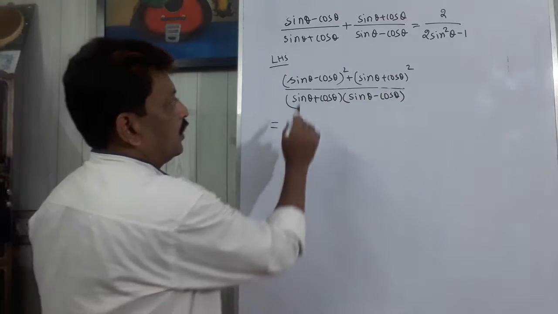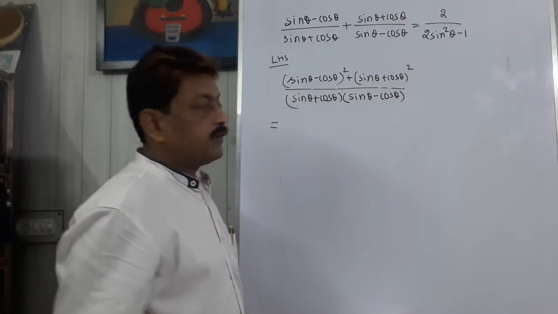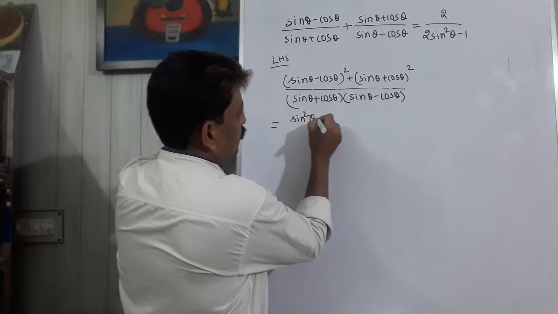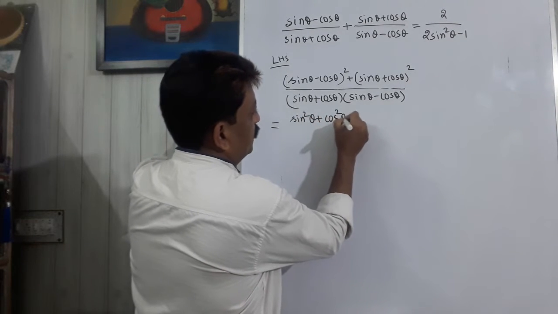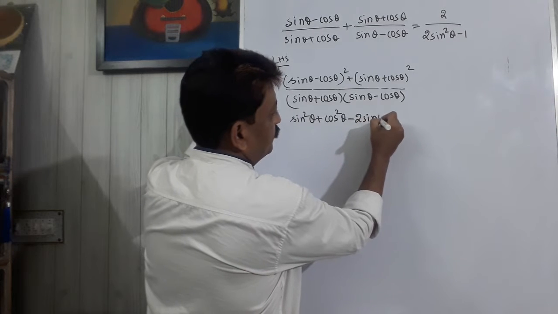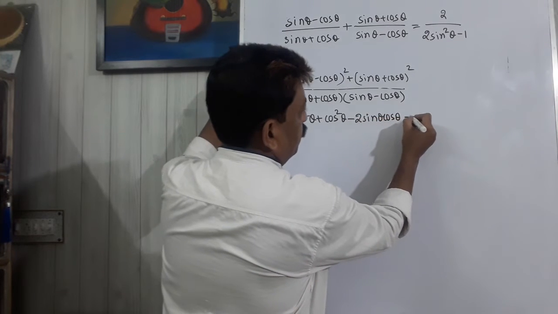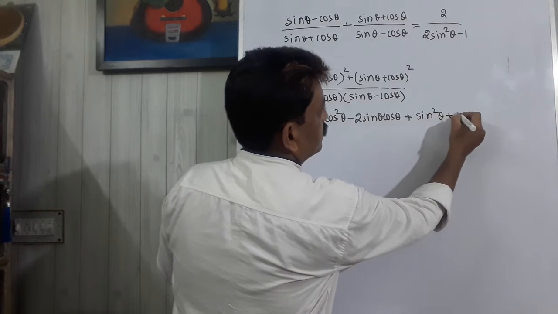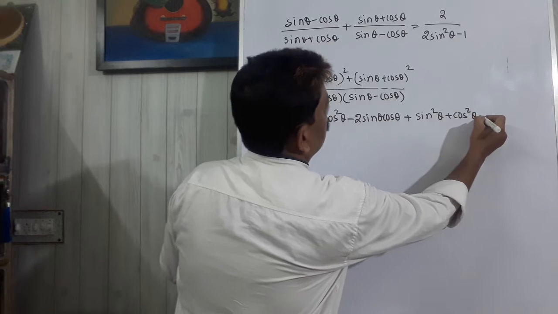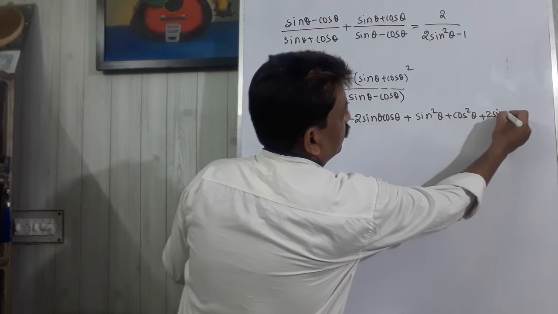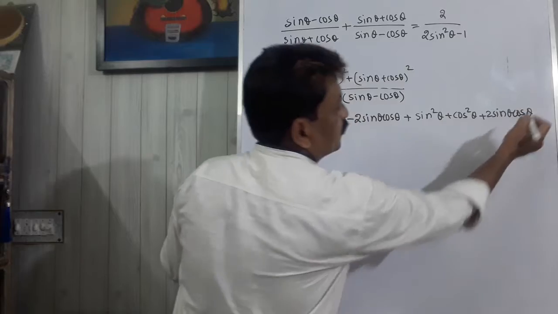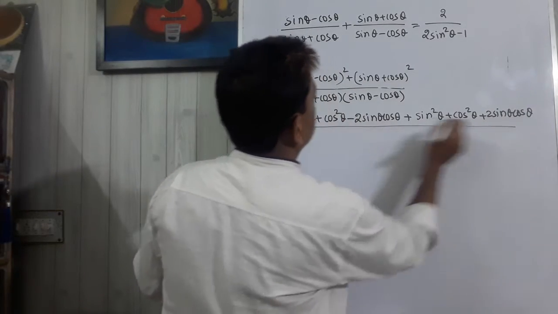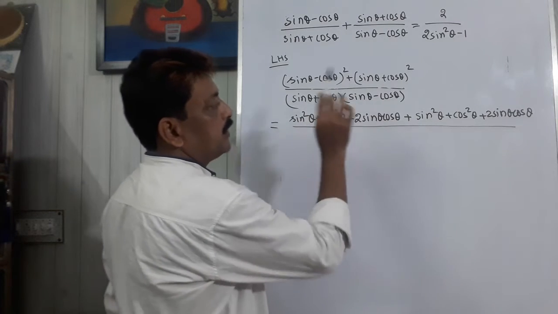Hope you have understood the step. Next step, now we have to simplify and open the bracket. So here it will be sin square theta plus cos square theta minus 2 sin theta cos theta, plus, from this bracket, sin square theta plus cos square theta plus 2 sin theta cos theta. And the denominator is in the form of a plus b multiplied with a minus b.